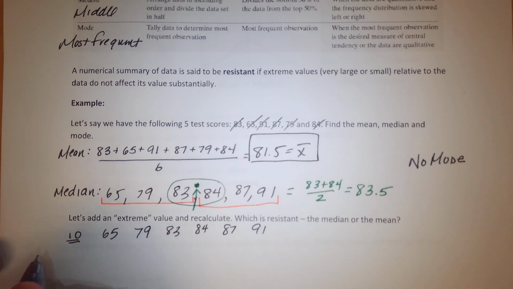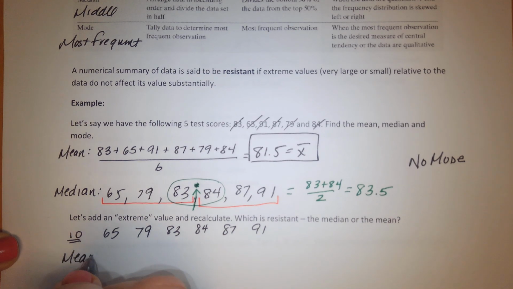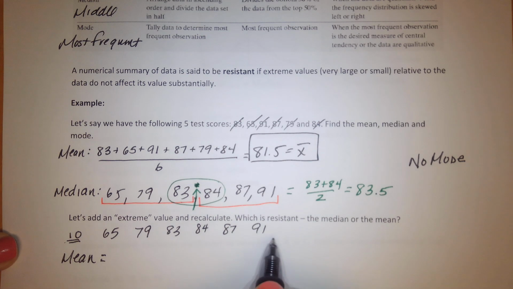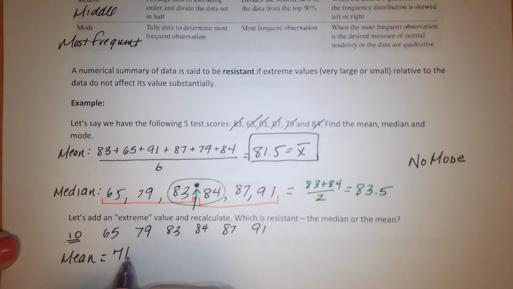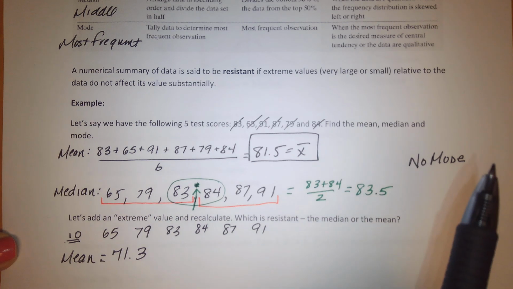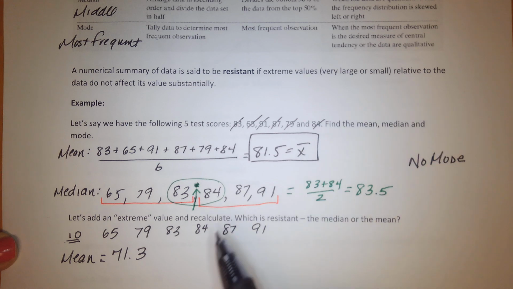Let's recalculate the mean. To recalculate the mean, again, what I do is I add all 7 values and divide by 7. When I do that, I get 71.3. This is a good time to pause your video and make sure you get the same value.